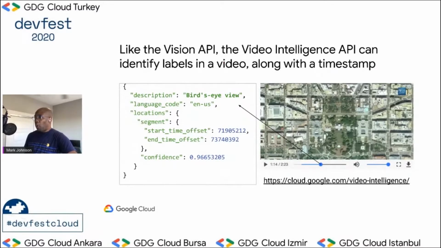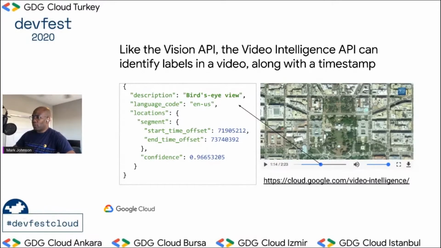And then one other one, I like this one too. I've seen this in some demos in the past, and it's really nice because along with the Vision API, there is a Video Intelligence API. And with this one, you can do the same thing, but with video. In this image here, you're seeing at 1 minute and 14 seconds in this video, a bird's eye view.